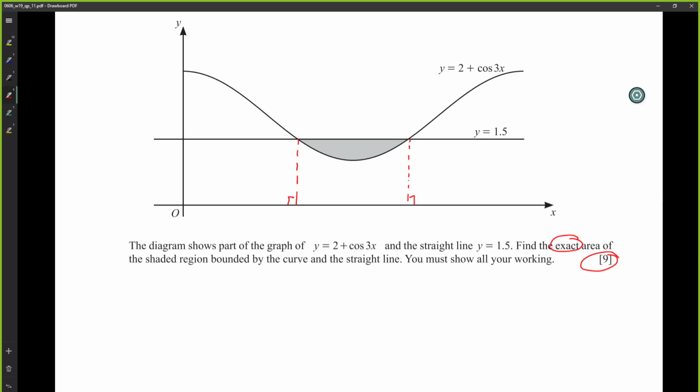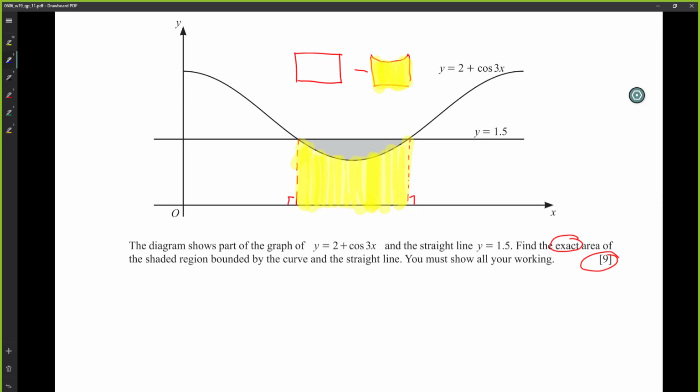I'm going to use the rectangle minus the area under the curve, all the area below the curve here. You get the idea? So I will use the rectangle minus this area, then I can get the shaded region. If you get the idea already, then I will straight away do it.